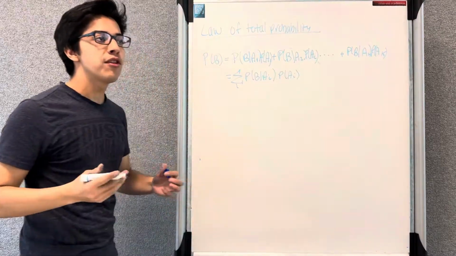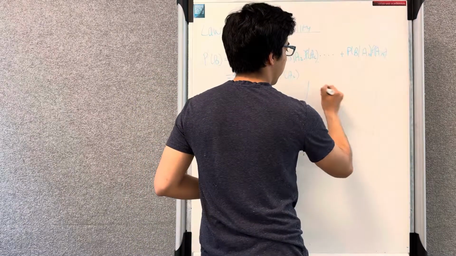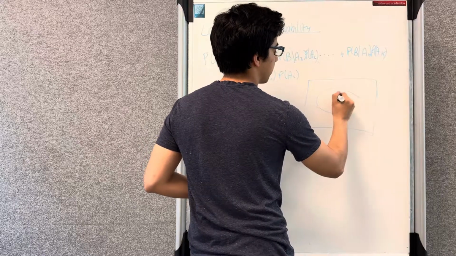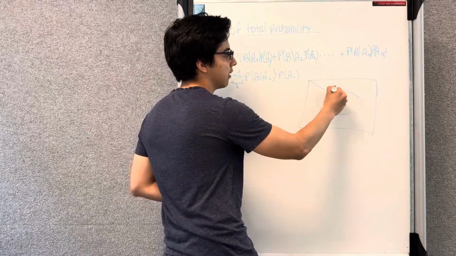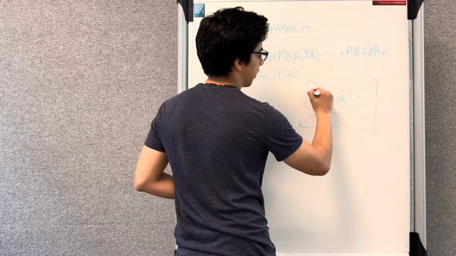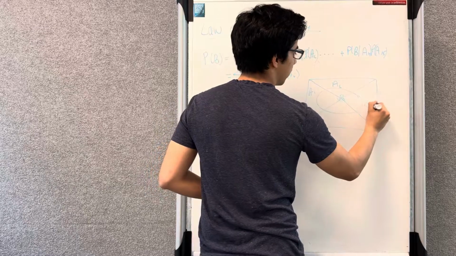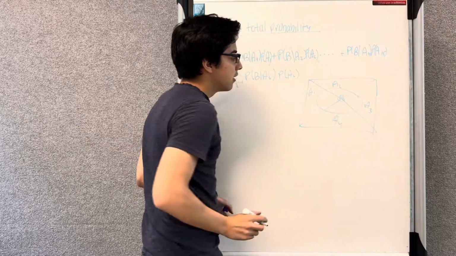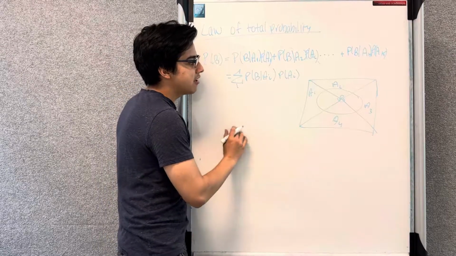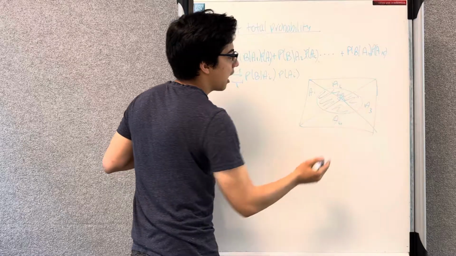A visual way to see this is, for example, we have our whole universe here, and this is our event B. Now imagine that we divide the universe between the possible forms that can happen: A1, A2, A3, and A4. What we are interested in is the intersection between B and each of these.